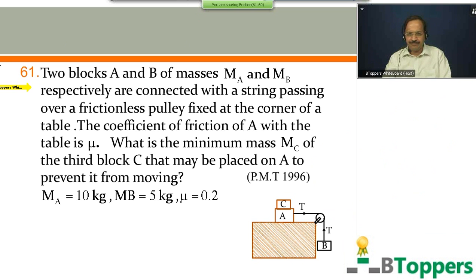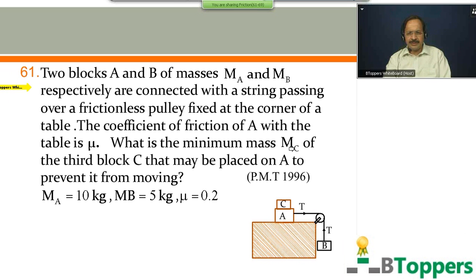See question number 61. Two blocks A and B of masses MA and MB respectively are connected with a string passing over a frictionless pulley fixed at the corner of a table. The coefficient of friction of A with the table is mu.